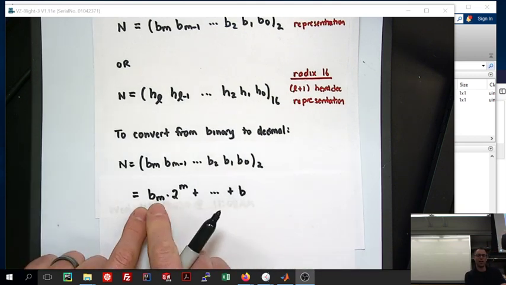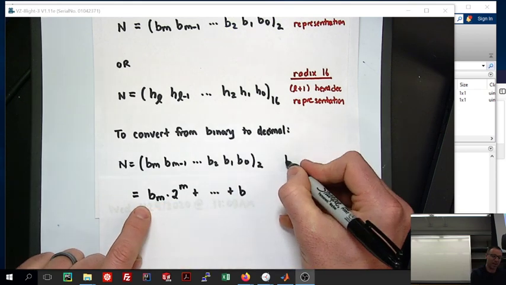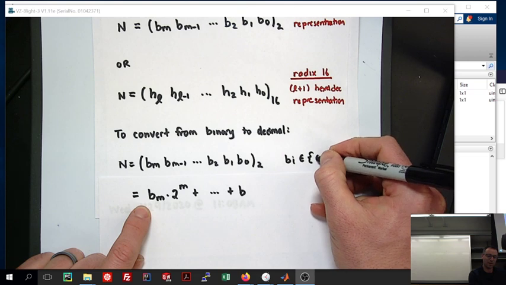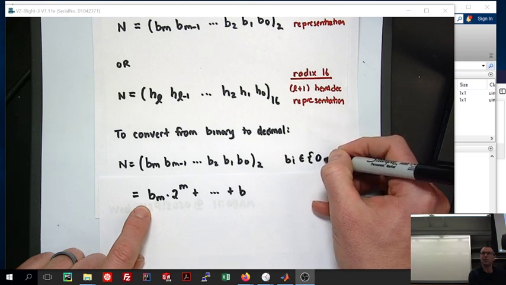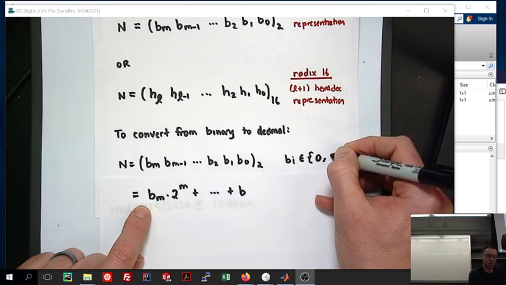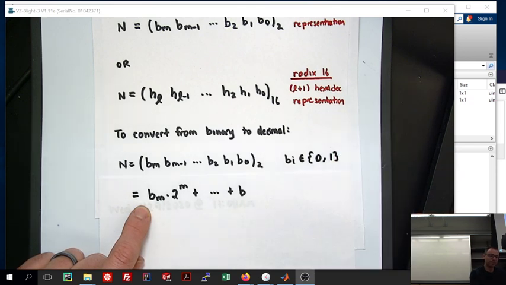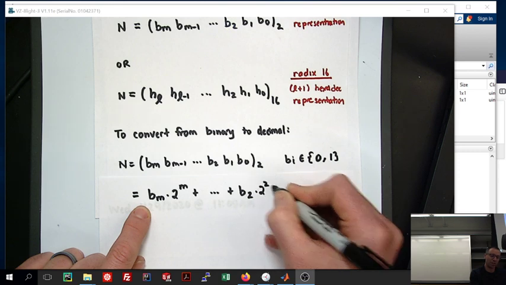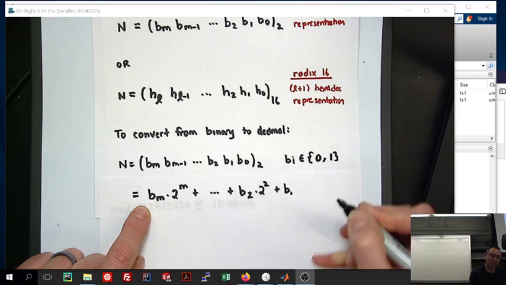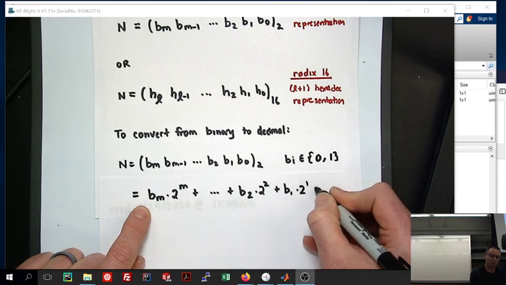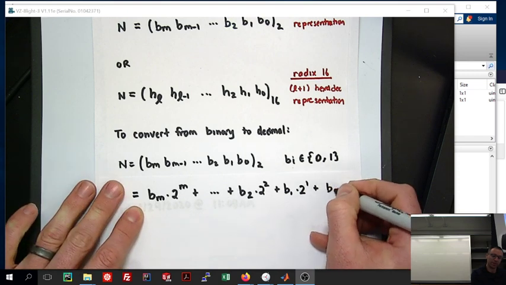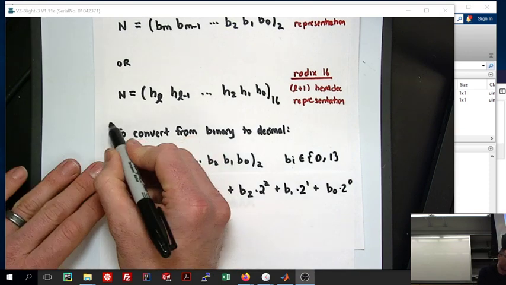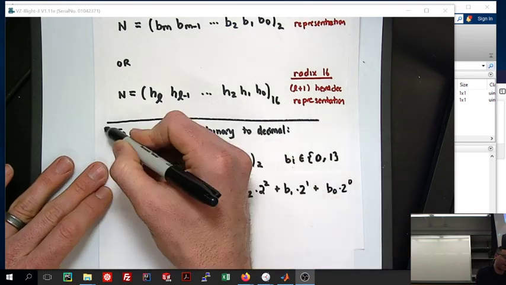Literally, just take whatever the binary digit is. Each binary digit is either of value what? 0 or 1. So match each digit with its corresponding power of 2 and be done with it, right? Okay, so that is our mechanism by which we can convert from binary to decimal.